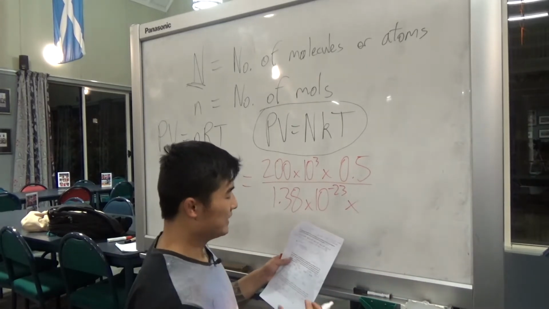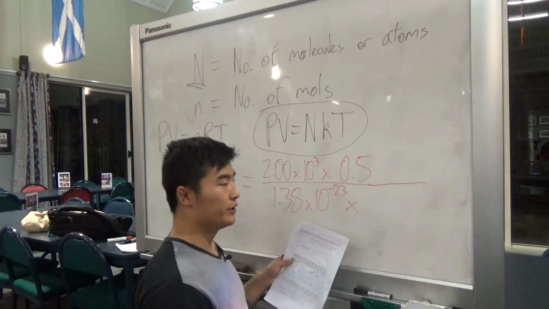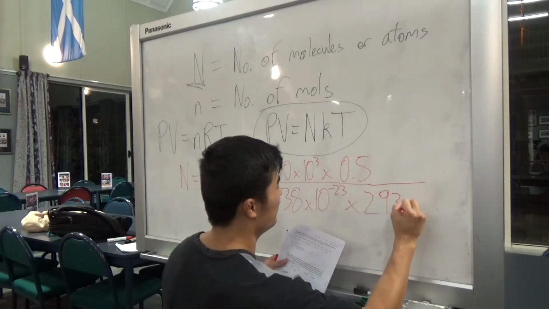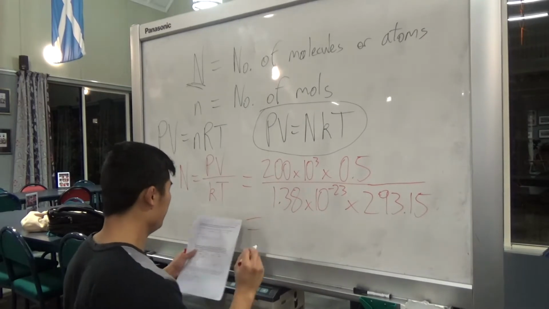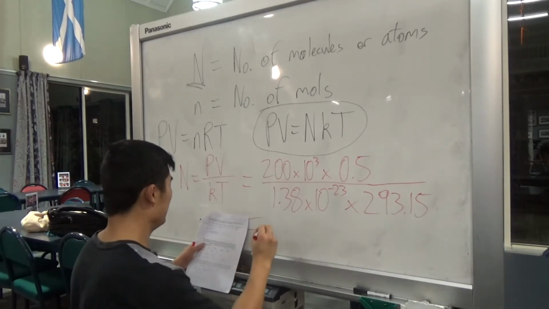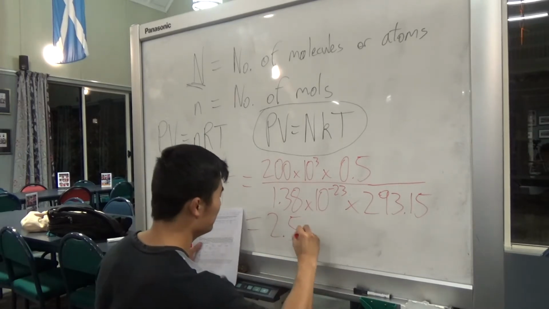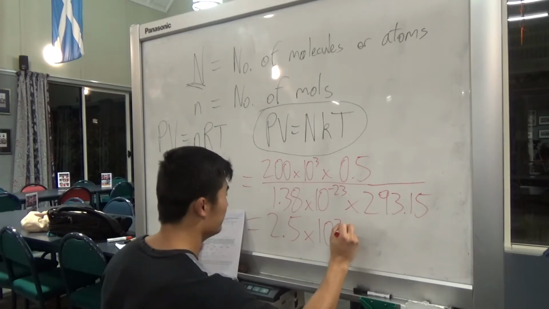Temperature has to be in Kelvin, so that's 20 plus 273.15, which is 293.15. And that will give you 2.47, which rounds to 2.5 times 10 to the power of 25.